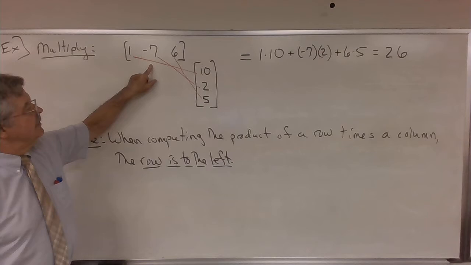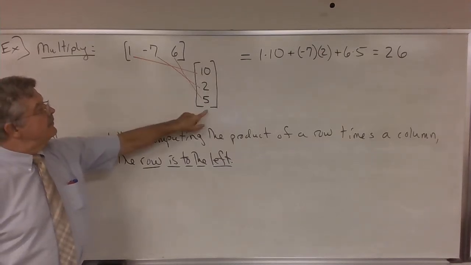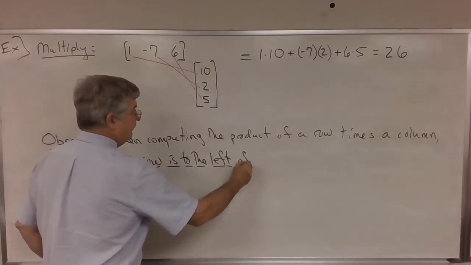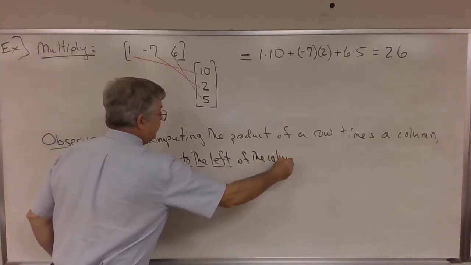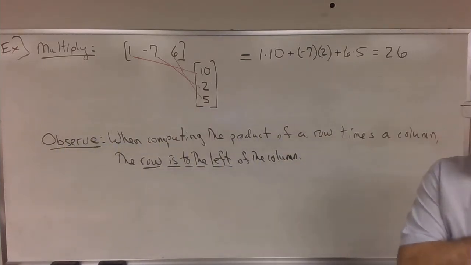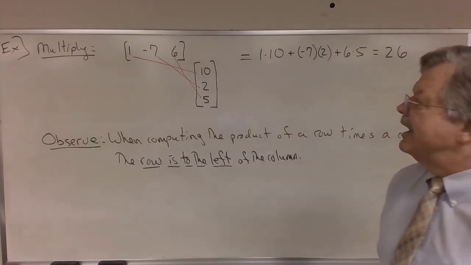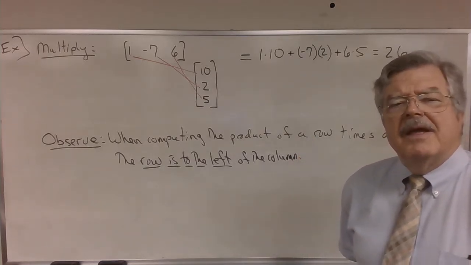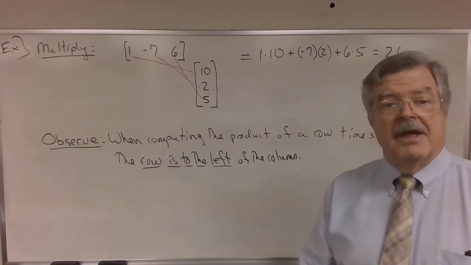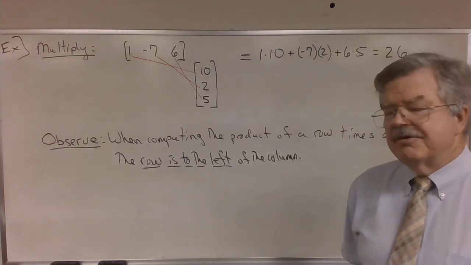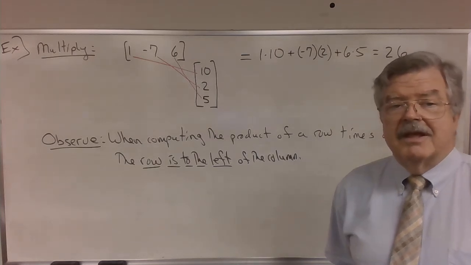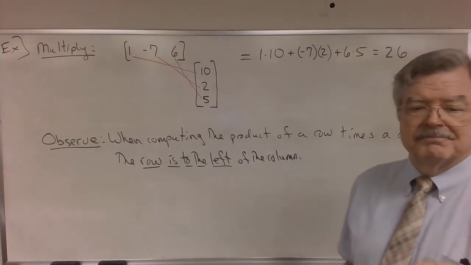Here's the row, and here's the column. The row is to the left of the column. The reason that we're looking at the product of a row and a column is because it is possible to take two matrices and multiply them together if it turns out that they are the right size. And this is what we're going to look at next.